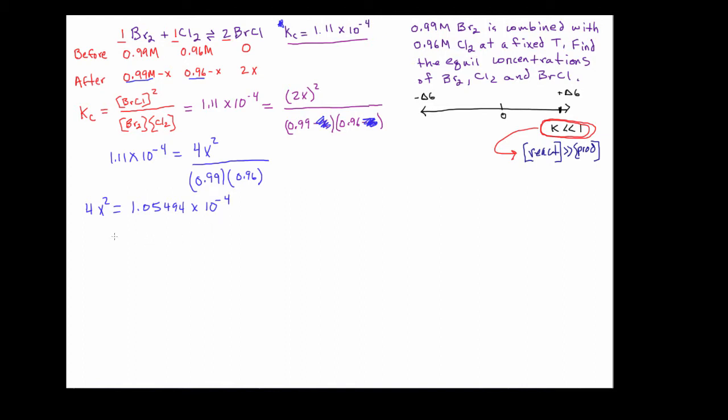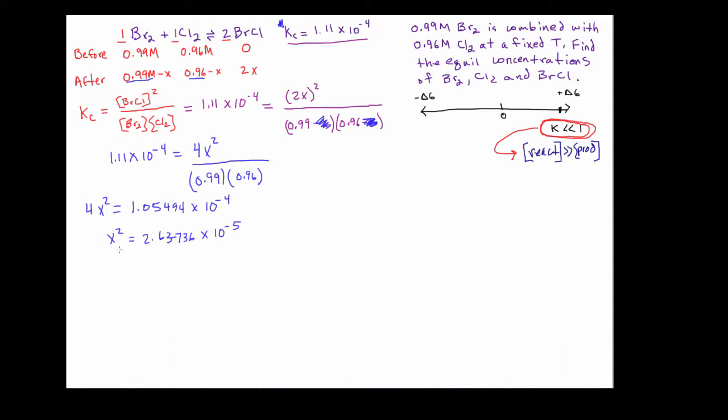Alright, and then dividing both sides by 4, my x squared value now is going to be equal to 2.63736 times 10 to the minus fifth.